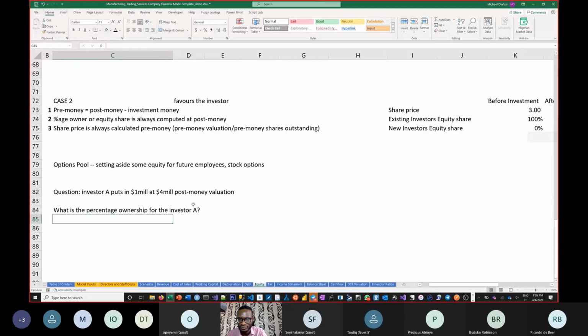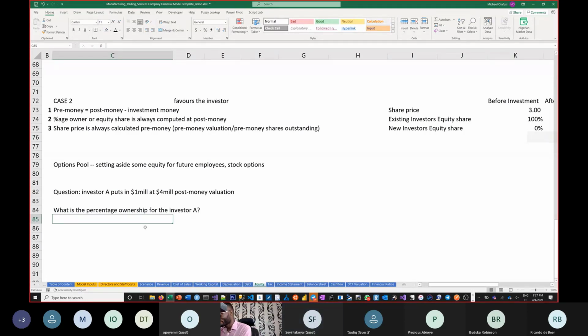Okay, maybe I was guessing wrong. Anybody wants to give it a try? What do you think the answer will be? Please just give it a try. Investor A wants to put in 1 million at 4 million post-money valuation. What do you think the answer would be? 25%.